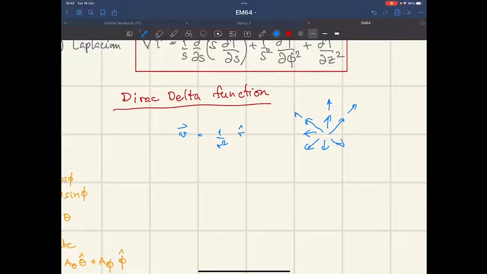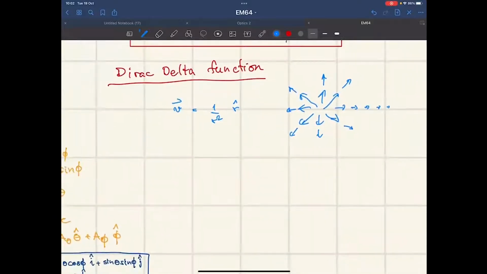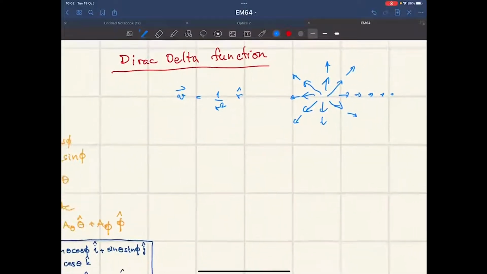When you go away from the source, the origin, the vector becomes shorter and shorter. I think one of you has it on Mathematica, right? Is it like this? So it's getting smaller and smaller.